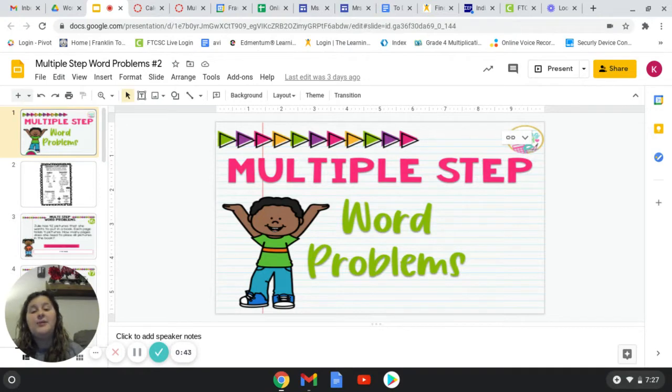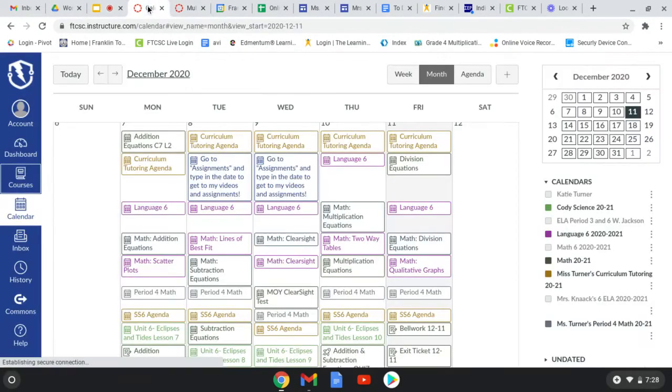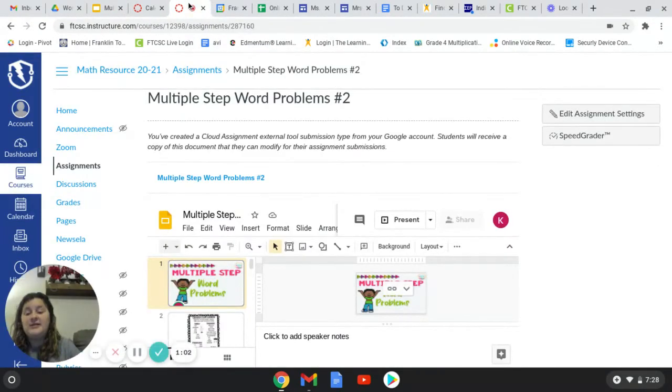I do want to give you a couple of reminders though, because only a couple of you are actually submitting your work. So remember, it's not just getting the slides done. You actually have to go back into Canvas, and mine looks a little bit different than yours because I'm on my teacher mode. But when you pull up the assignment, and this is what the assignment for today looks like, there should be a submit button up here in this corner.